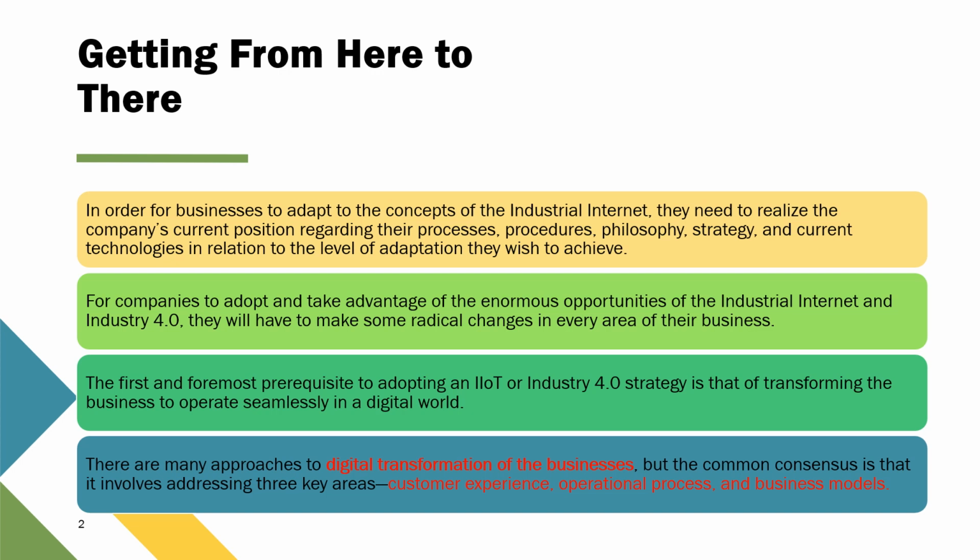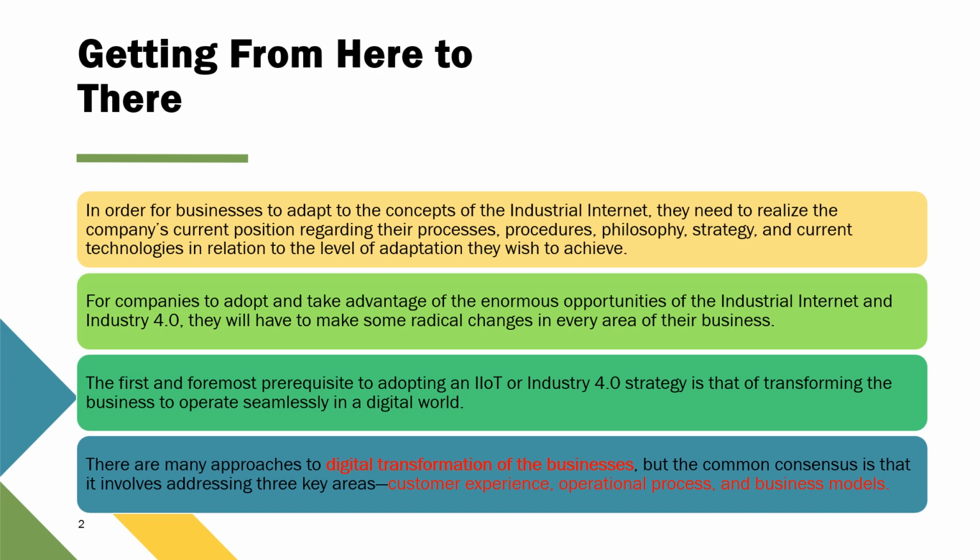In order for business to adapt to the concept of the industrial internet, they will need to realize the current position of their company, and then their processes, procedure, philosophy, strategy, and current technologies, in order to make sure they can transform from one condition right now towards the IIoT industry.